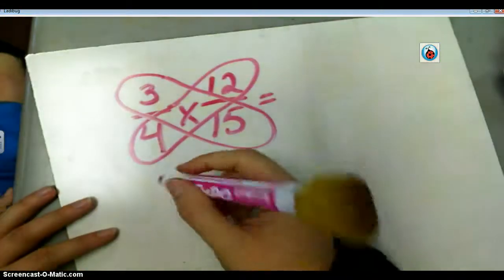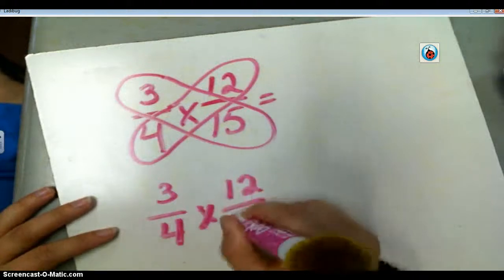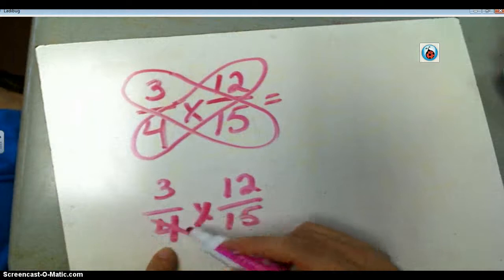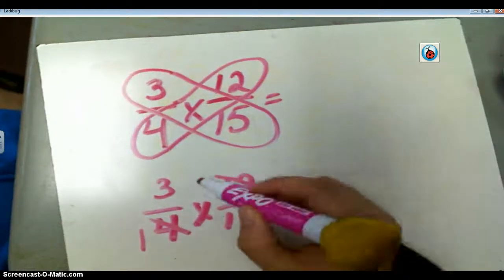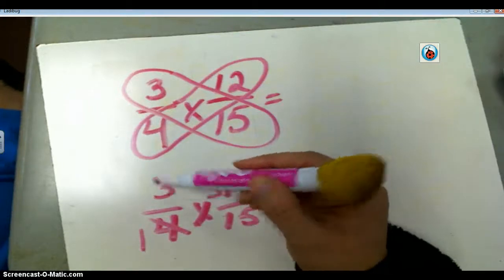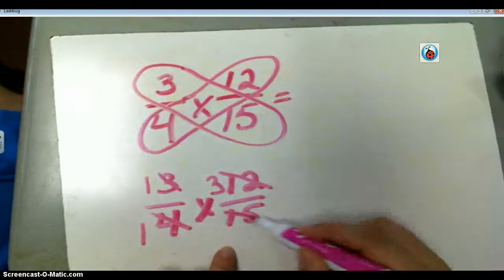So, 4 goes into itself 1 time. 4 goes into 12, 3 times. 3 goes into itself 1 time. 3 goes into 15, 5 times.